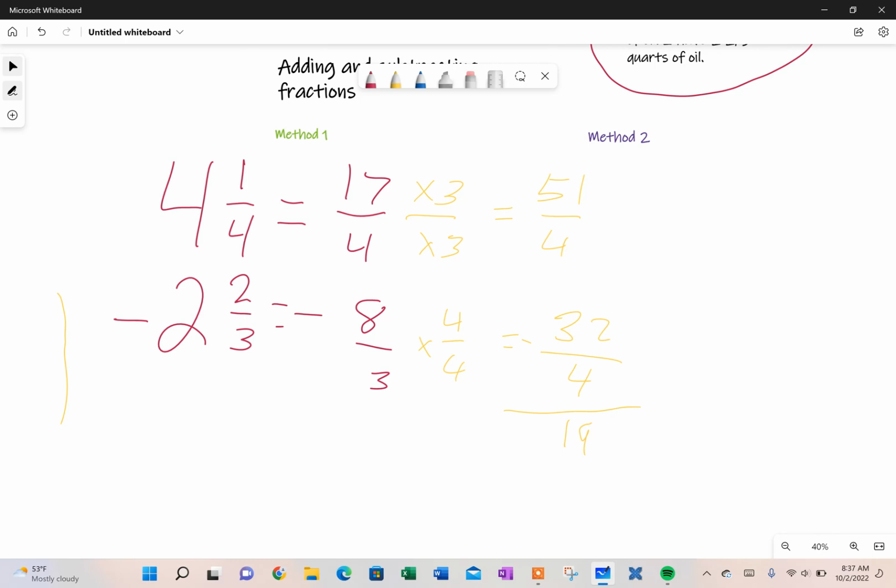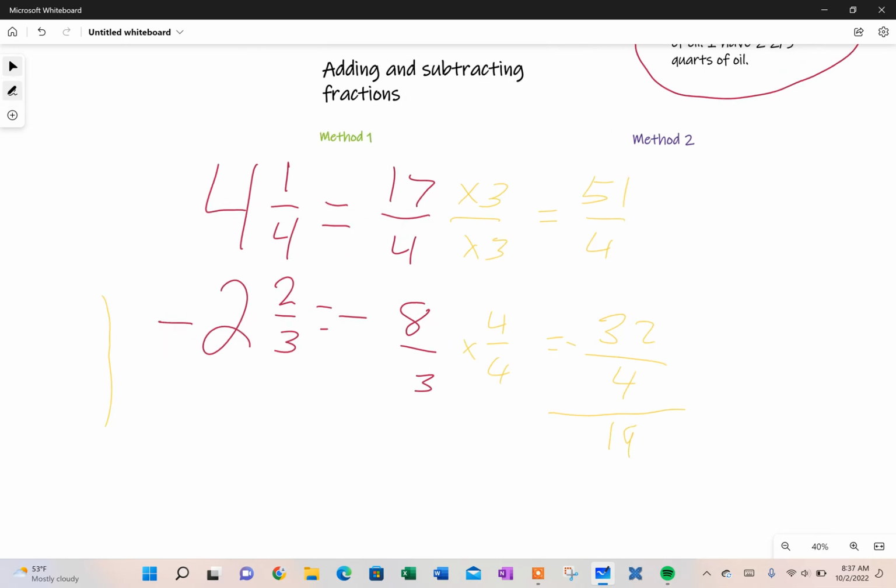19 over, goodness me, over 4. And then I can change that back into a mixed number. So let's say 4 goes into 19 4 times. Oh, wait a second. Oh, I made a mistake. Not over 4.